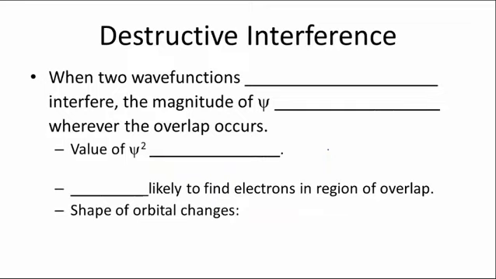All right, so for destructive interference, when wave functions destructively interfere, what happened to the magnitude of psi? It decreases. And when the magnitude of psi decreases, what happens to the value of psi squared? It also decreases.